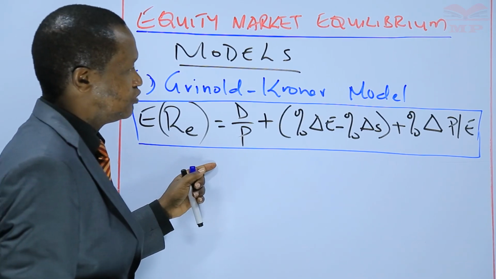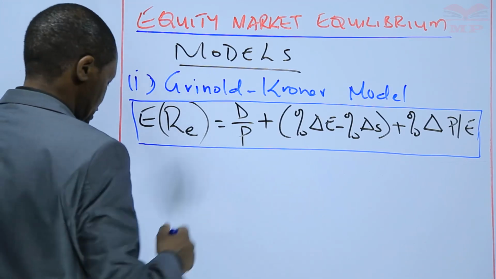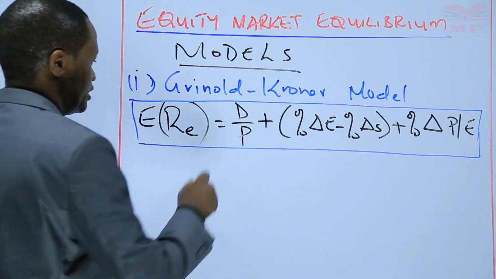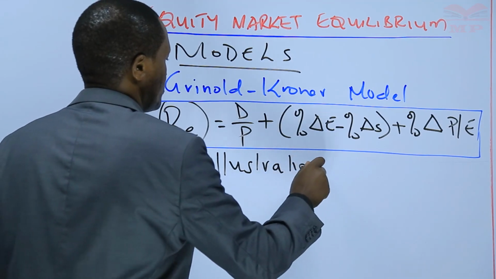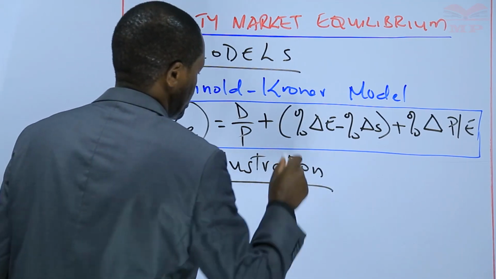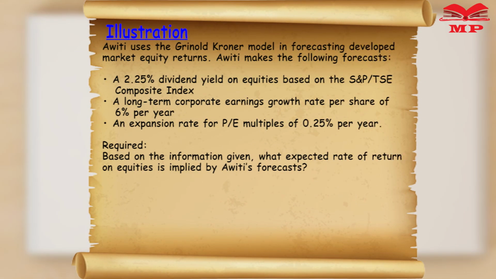So we will now move to illustrate. We're going to have one illustration. I'm going to read the illustration. It says that Witty uses Greenwald-Kroner model in forecasting market equity returns.